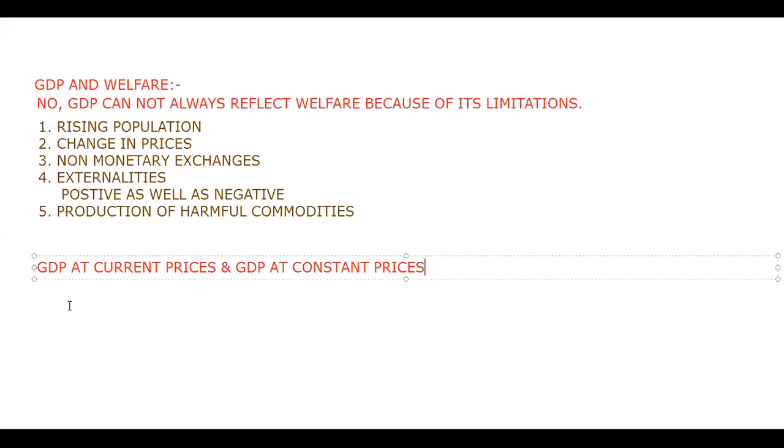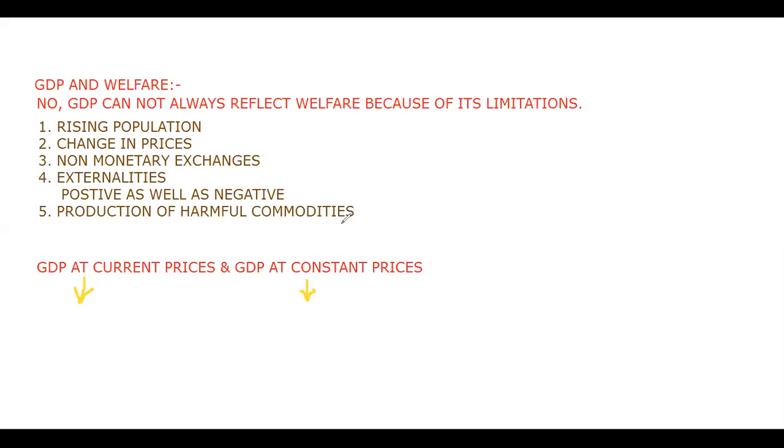See, now what is GDP at current price and what is GDP at constant price? Can you tell me what is the other name of GDP at current price? And what do we say GDP at constant price? Because you can have this difference in the exam, in the boards.